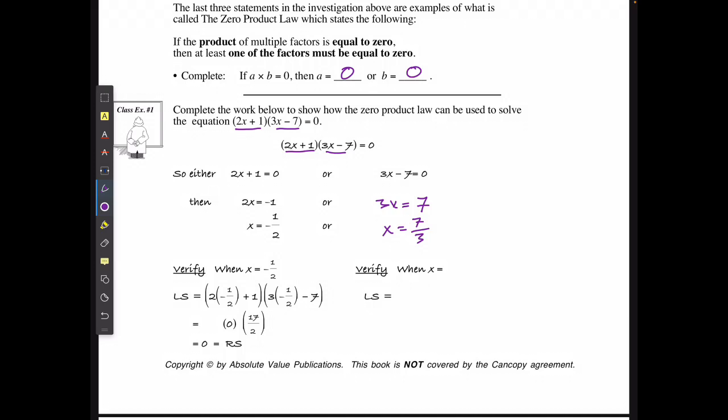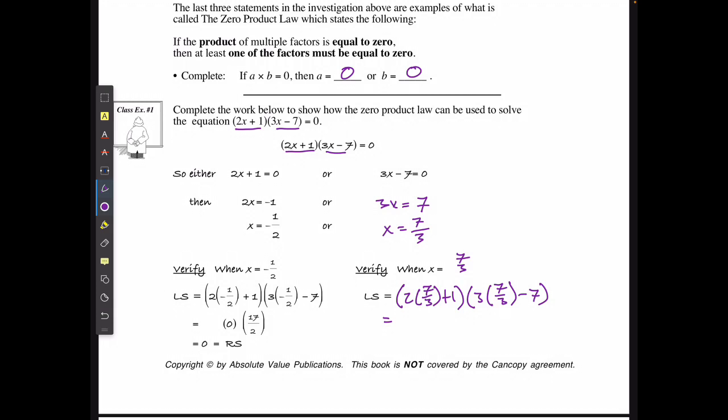If in the second case x is equal to 7 over 3, then I would say that 2 times 7 over 3 plus 1 multiplied by 3 times 7 over 3 minus 7. Or when I take 2 times 7 over 3, 2 times 7 is going to be 14 over 3 plus another 3 over 3.